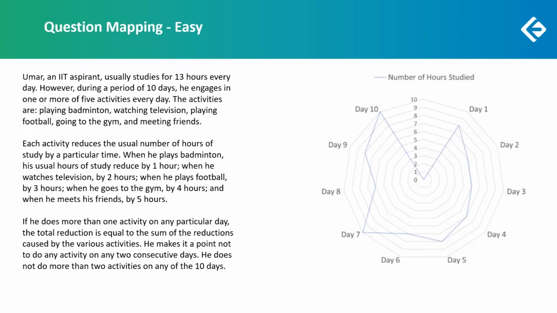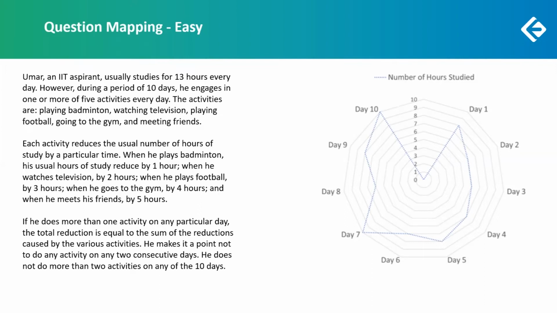So using all this information, we could have found out the combination of activities that the aspirant does on each of the 10 days. Because we could have seen that he does a maximum of 2 activities on any particular day, and he does not repeat activities on consecutive days.